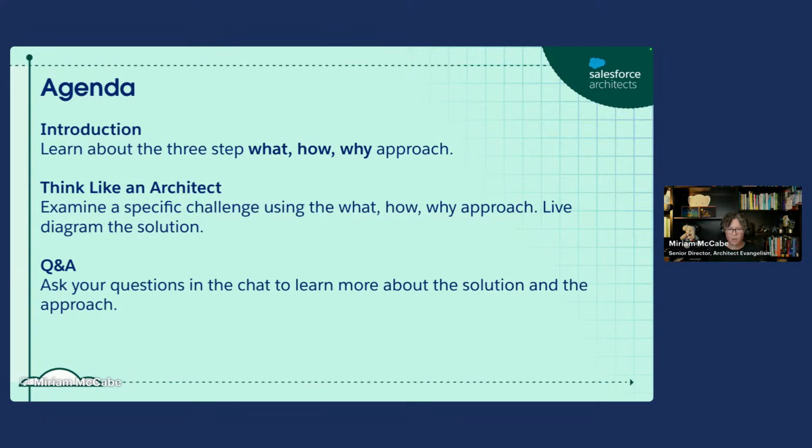As I'm doing that, I'll be live diagramming the solution so that you can follow along, and also to help me take those thinking steps. Throughout the entire episode, we have an amazing moderation crew, and you'll be able to interact with one another, ask questions, react to the content, and we'll be answering questions both about the solution and the approach live.